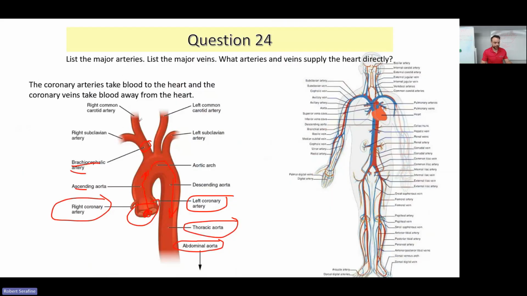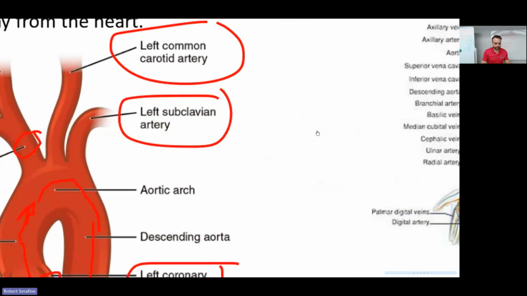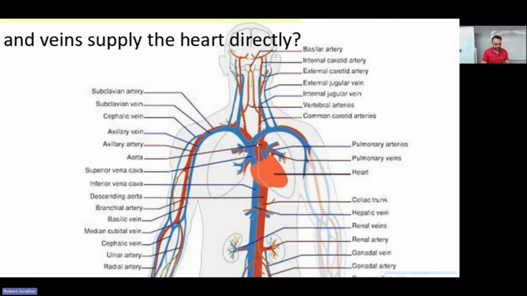So those are the two main branches of the brachiocephalic trunk, which is the common carotid artery on the right side and then the right subclavian artery. And then we have just the left common carotid and the left subclavian. And as we said, it's space, right? Because of the heart being off-centered a little bit, we have to just scooch that over a little bit, so we have a bigger trunk to bring those out.